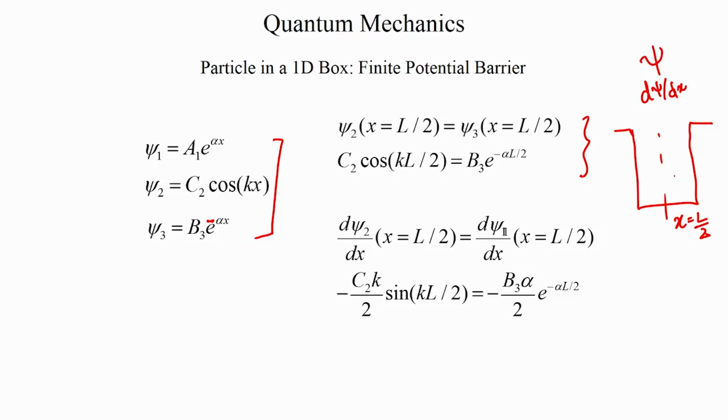Now, since the wave function has got a form psi 2 in this region and it has got psi 3 here, I need d psi 2 by dx at x equal to L by 2 must be equal to d psi 3 by dx at x equal to L by 2. So the first derivative of the cosine is going to yield minus C2 k sine of k L by 2, and this is going to yield this term, alright.